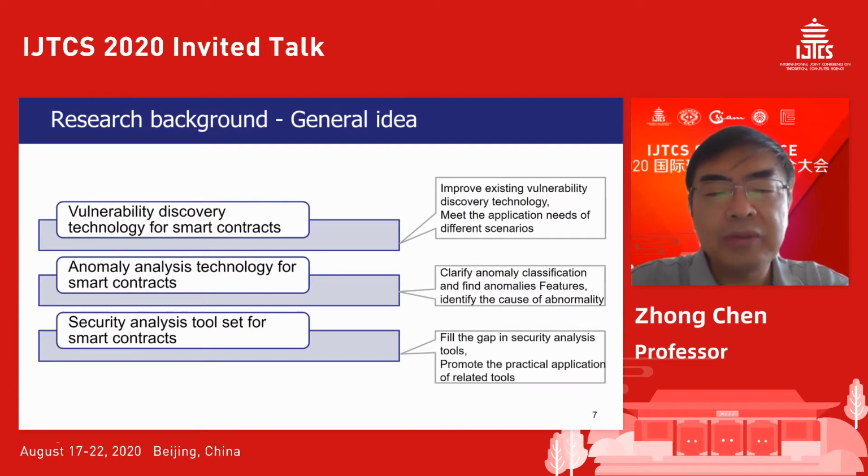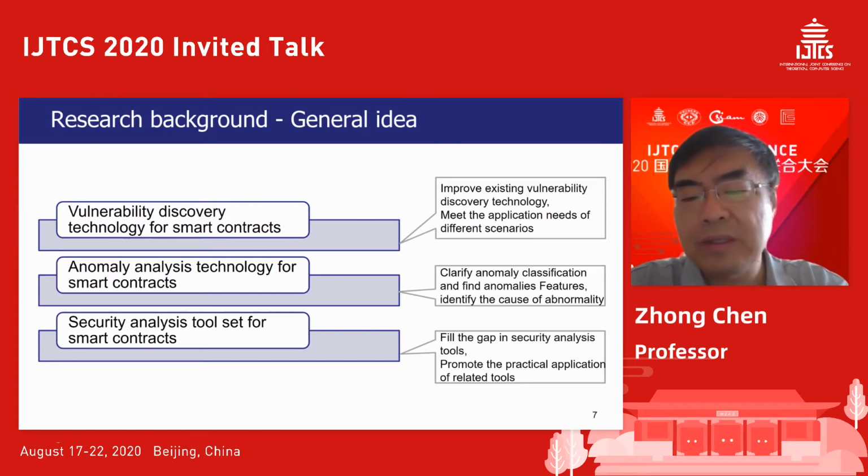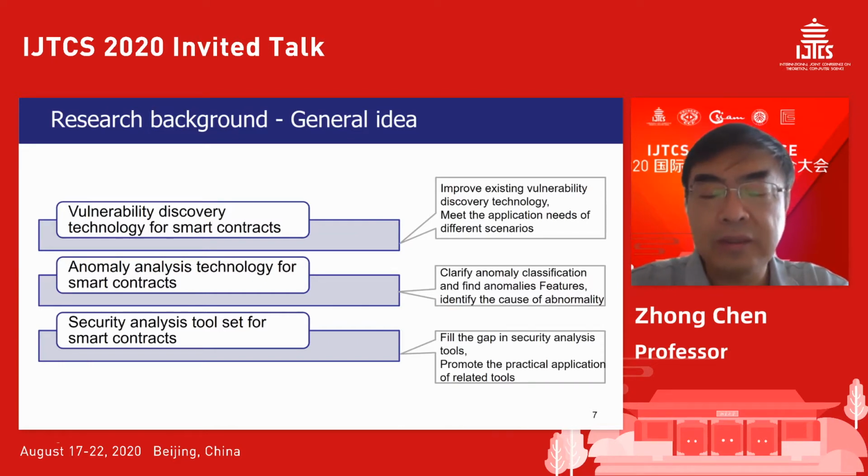And how to build a security analysis tool set for smart contracts is also needed to fill the gap in security analysis tools and promote the practical application of related tools.